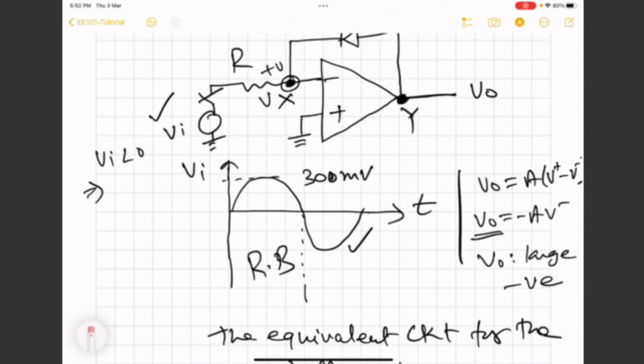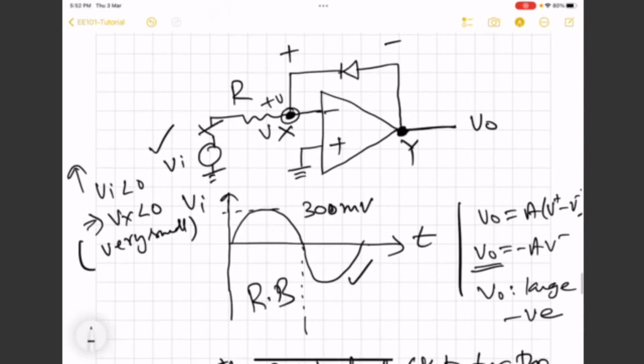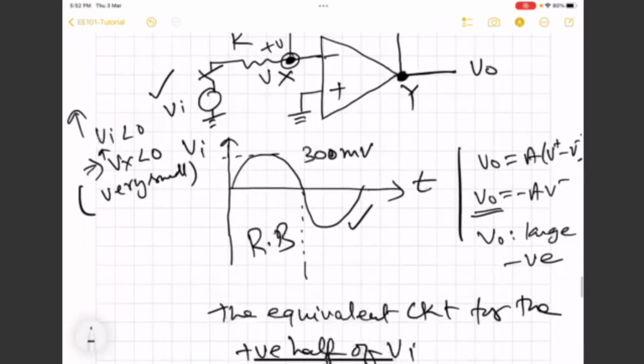So what happens is Vx is also negative, maybe very small. But as Vi goes up, this is also going to grow up in magnitude. So when Vx grows up, Vo here, you can see that is given by this expression.